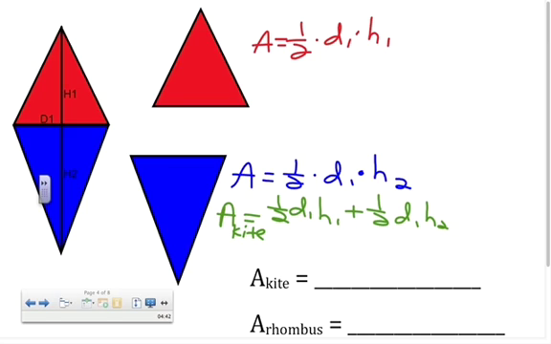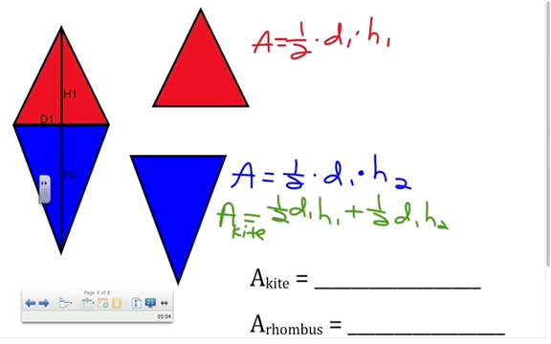Let's bring some algebra into this mix. Looking at this algebraic expression, if I wanted to factor or simplify it, I would look at those two terms and notice that they have a couple of things in common. What do they have in common? The d1 and the 1/2.